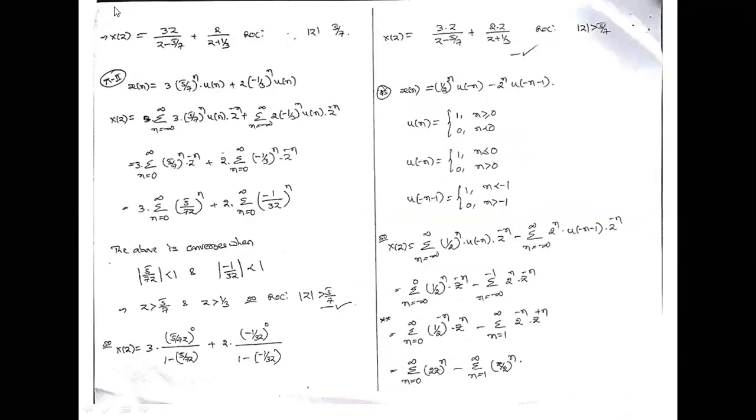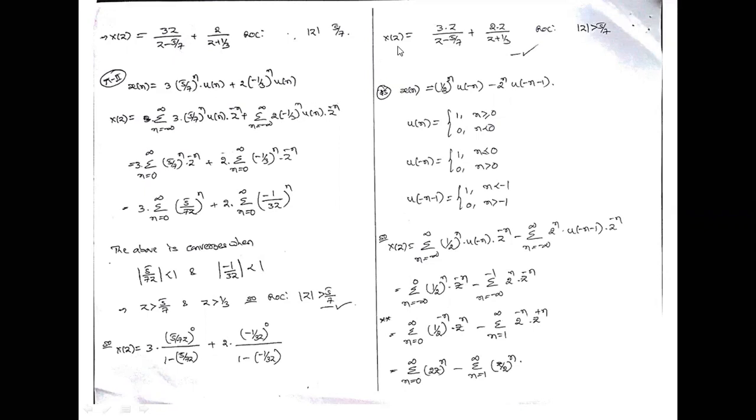So simplify this. 3z by z minus 5 by 7 plus 2 by z plus 1 by 3, and ROC is z greater than 5 by 7. You got that. It is 5 by 7, my dear students. Since both are greater than values, whichever is higher is overlapped. Minus 1 by 3 is less than 5 by 7.